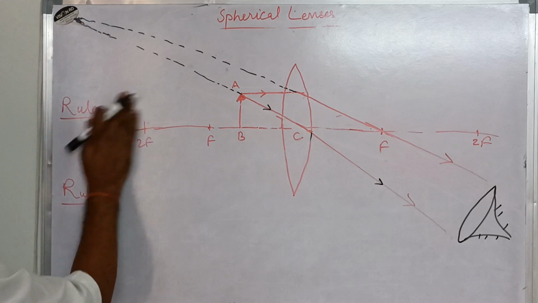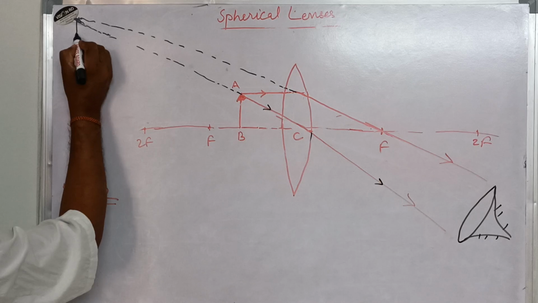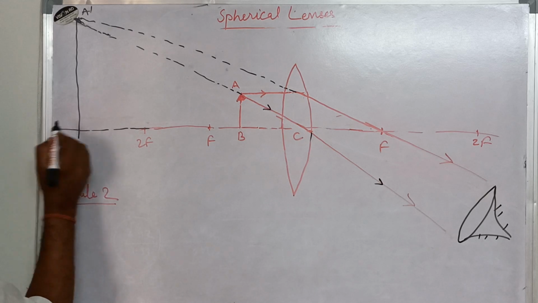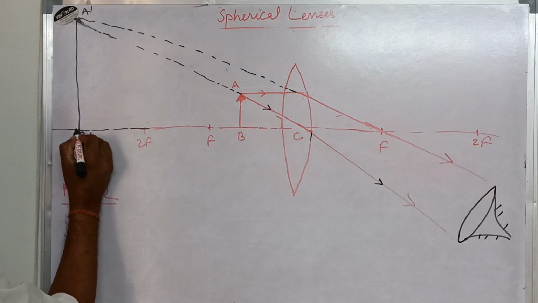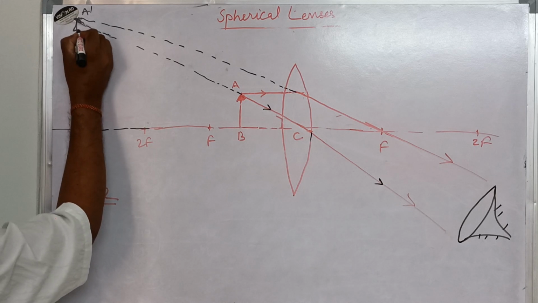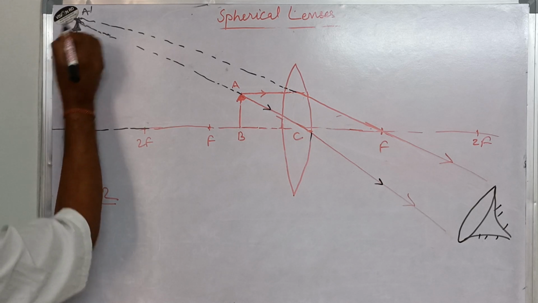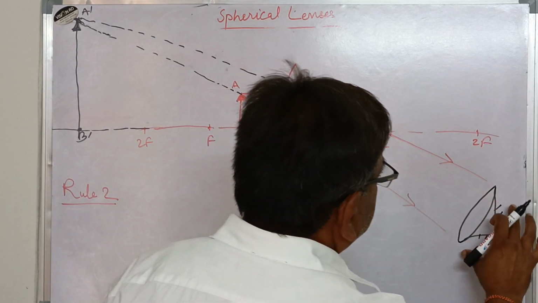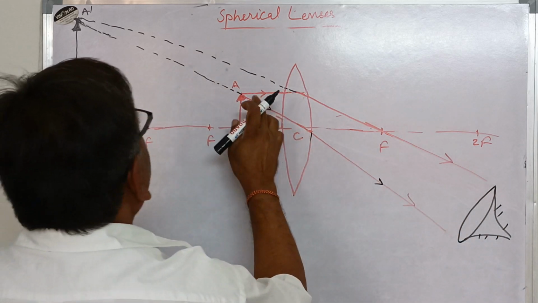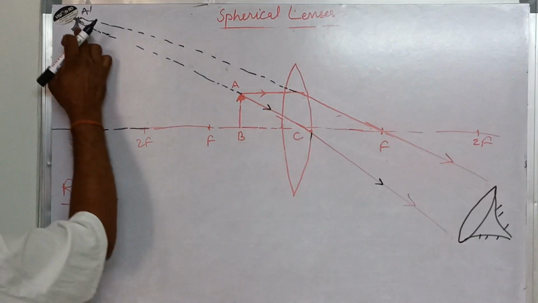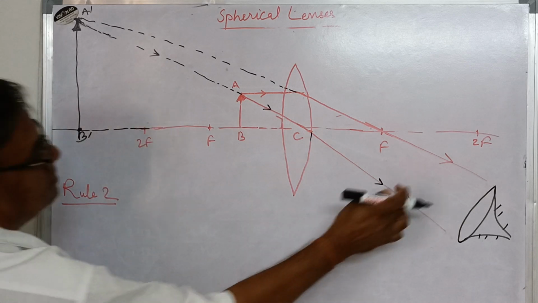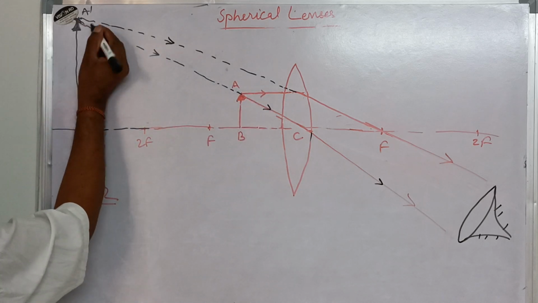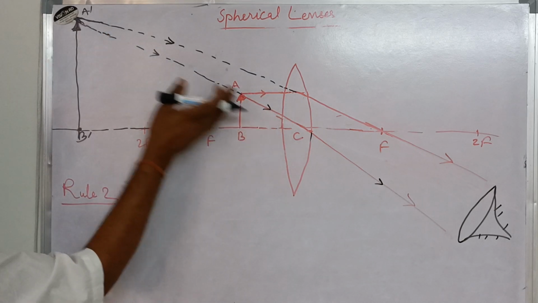Let this be the point A dash, and this is the principal axis. This is point B dash. This is the head of the image. When seen from here, you will observe that this ray is coming along this line, and this ray is coming along this line, and both meet at this point when extended backward.